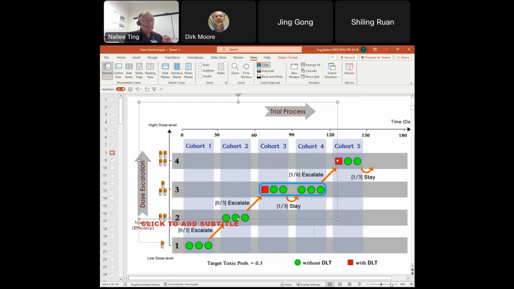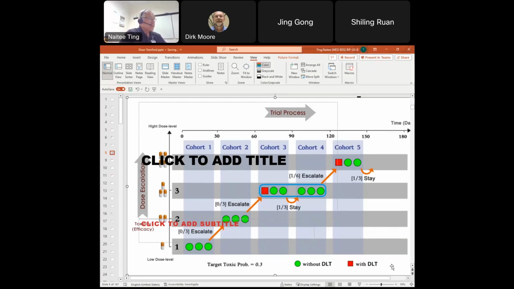Whenever you see a DLT, if there's one DLT, you add 3 subjects at the same dose. If among the 6 patients there's only one DLT, then you escalate. But whenever you have 2 or more DLT, you know the MTD is exceeded. So the dose lower than that dose is what's called MTD, maximum tolerable dose.